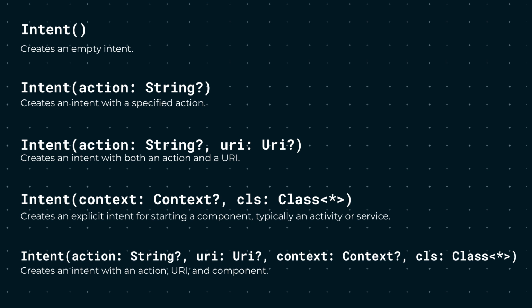Finally, you can create an intent with action and a URI, context, and a reference to a class. I'm going to create an intent by passing context and a reference to a class. Usually these classes are instances of activities or any component within your app.